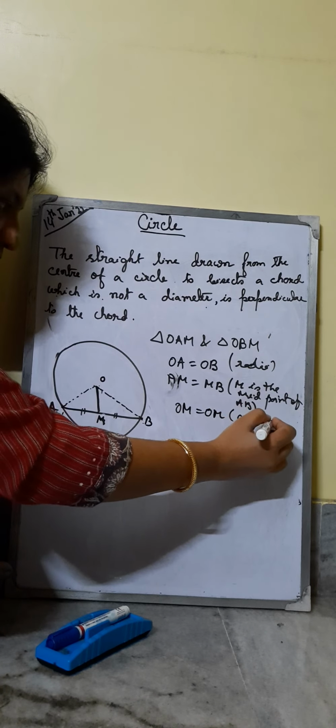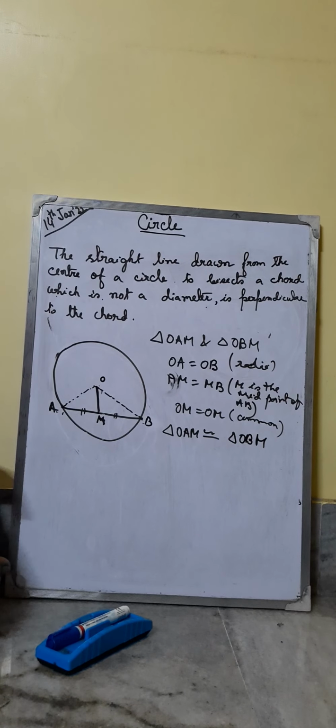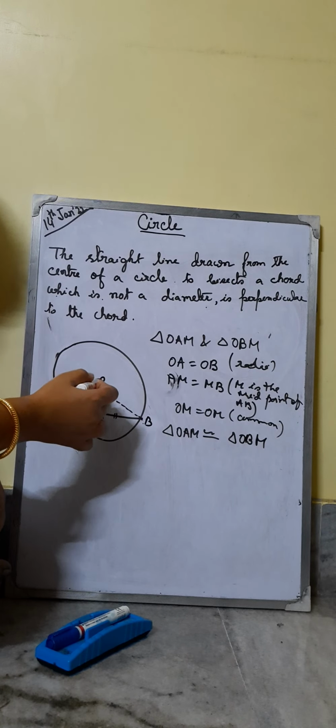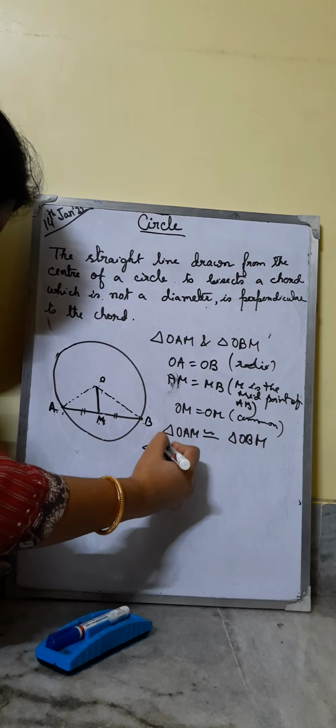So we can say that both the triangles are congruent. If it is congruent, we can easily say that angle AMO is equal to angle BMO.